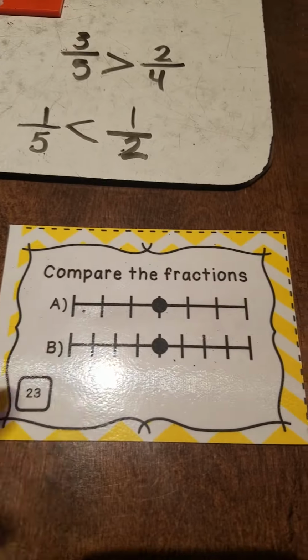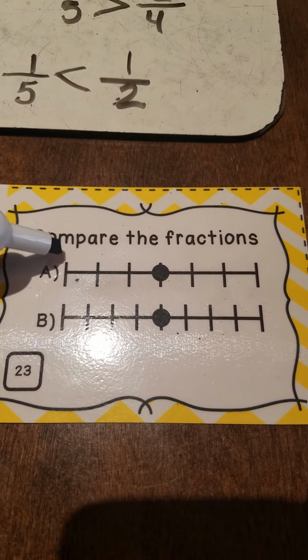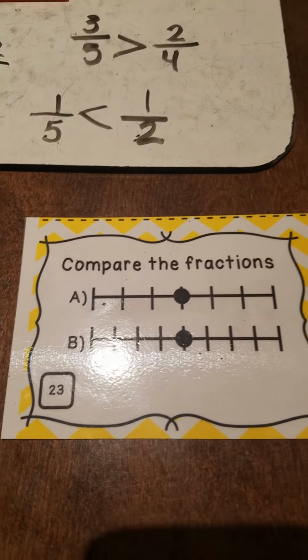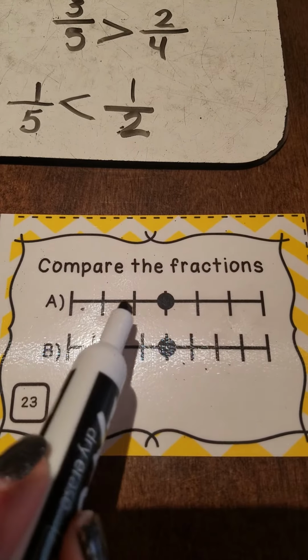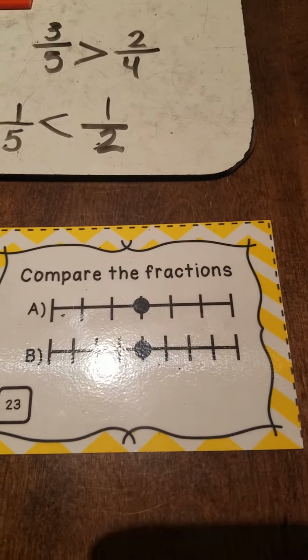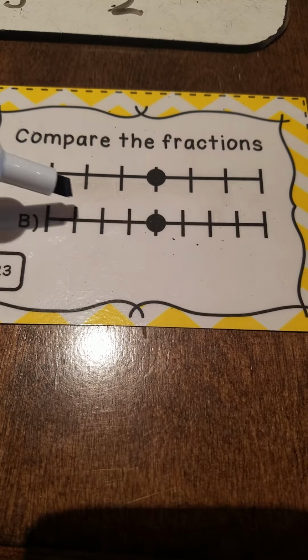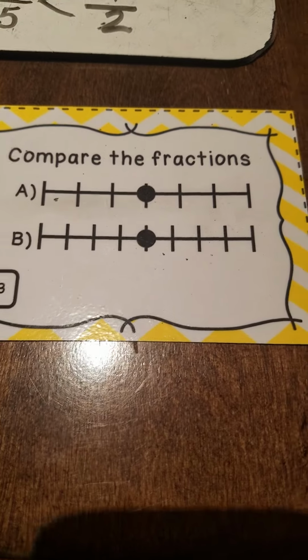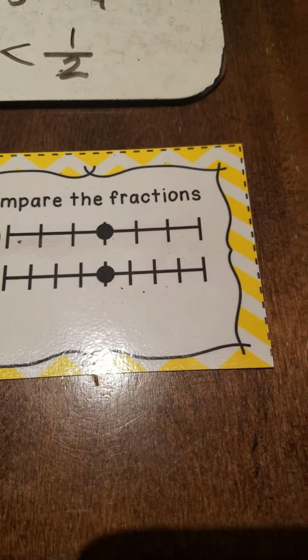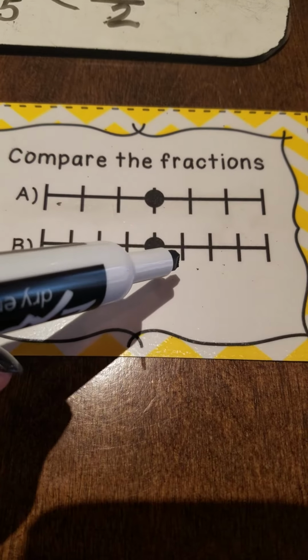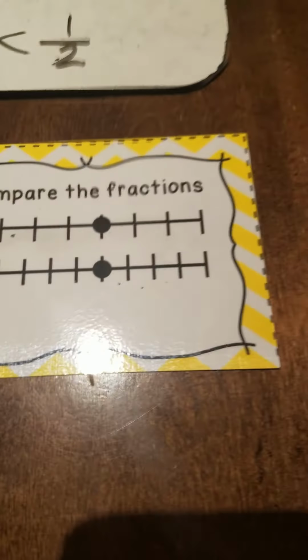Okay, so let's look at one more now. This time we have 3 jumps out of 1, 2, 3, 4, 5, 6. So we have 3/6. On fraction B, we have 4 jumps out of 1, 2, 3, 4, 5, 6, 7, 8.